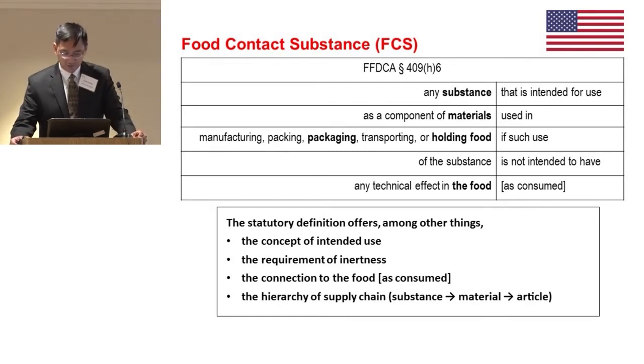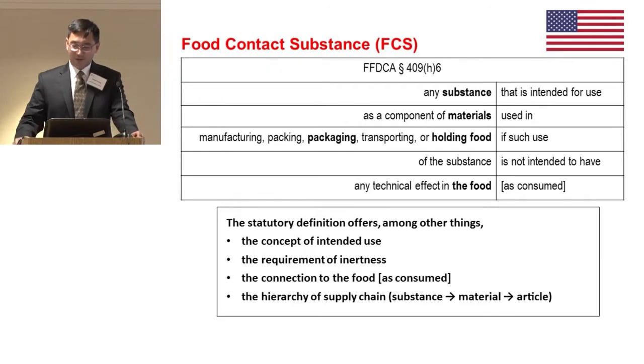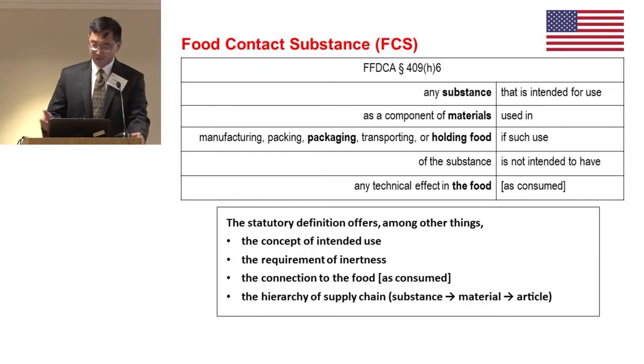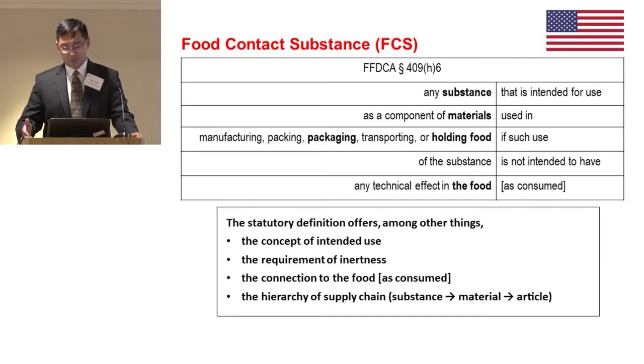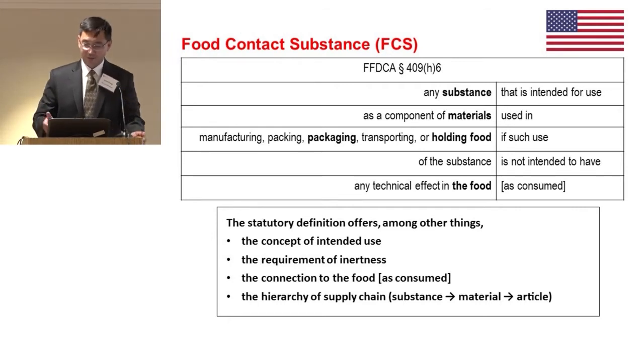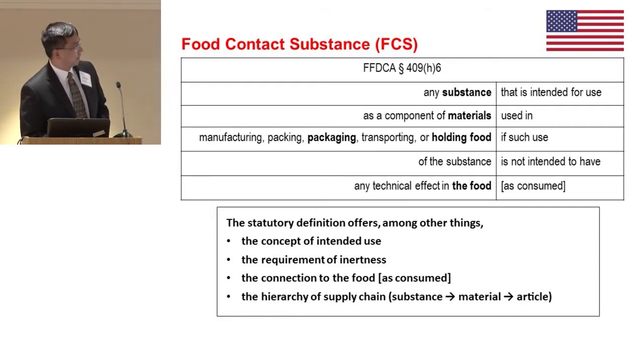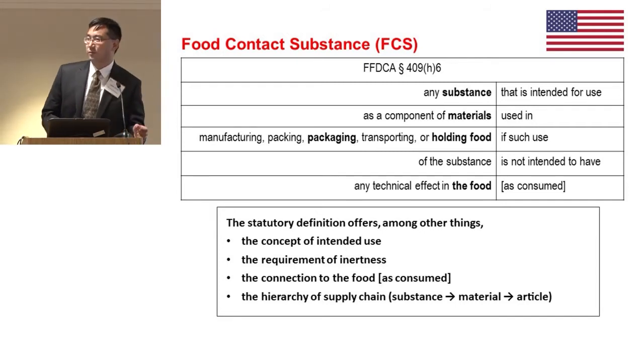Because you look at this: any substance that's intended for use as a component of materials used in manufacturing, packing, packaging, transporting, holding food, if such use of the substance is not intended to have any technical effect in the food. Now, I also put in brackets, as consumed.